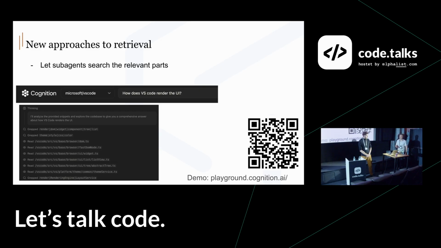What the agent does is it runs, for example, grep, and it checks for some keywords in different files, then it reads those files. So it basically does what a human would do, and probably in the long run this will be the best way to get the relevant context for the LLM.